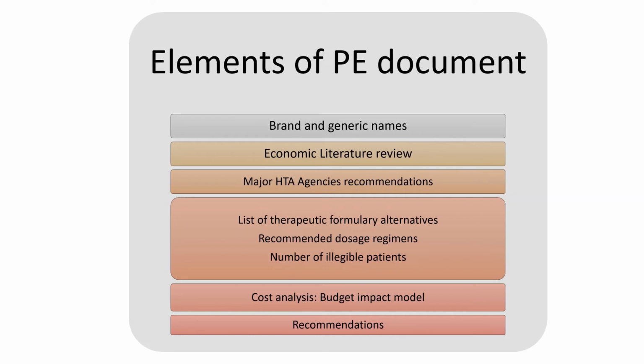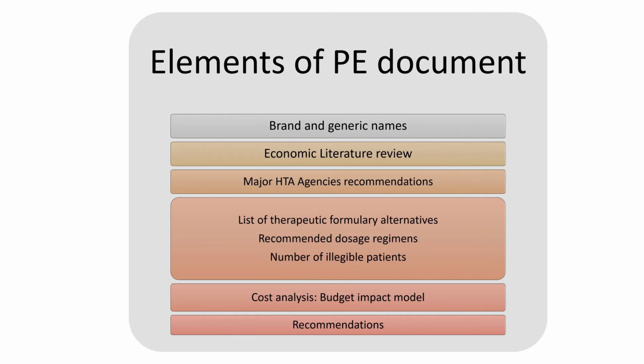We list all the therapeutic formulary alternatives to compare it to the new product. We also look at the recommended dosage regimens and the number of eligible patients. And this is very important and critical because it allows us to calculate the total budget impact of adapting this medication. It's very important for us to have an accurate number of eligible patients.